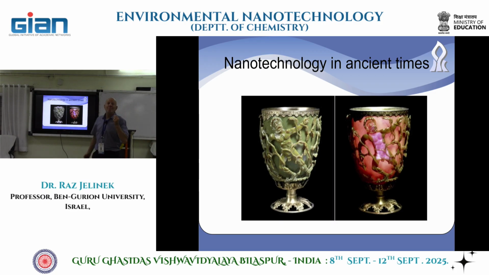The truth of the matter is that nanotechnology is not something new. This cup, a very famous cup in one of the museums in Europe, was found in a dig. It's an ancient Greek cup.